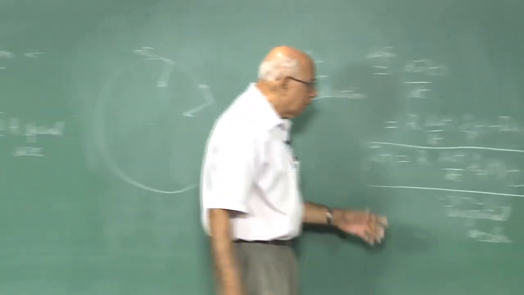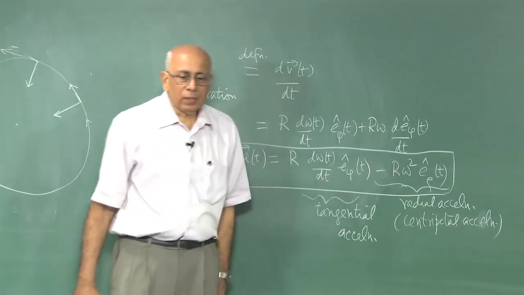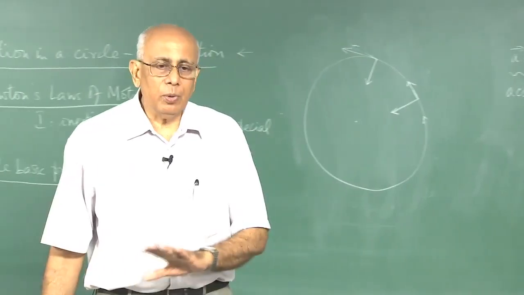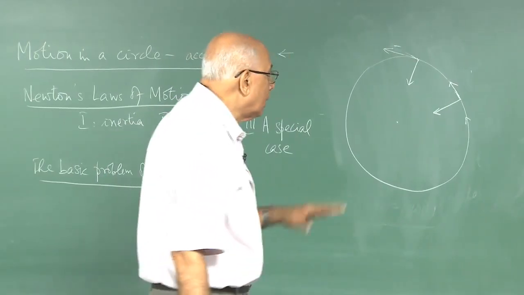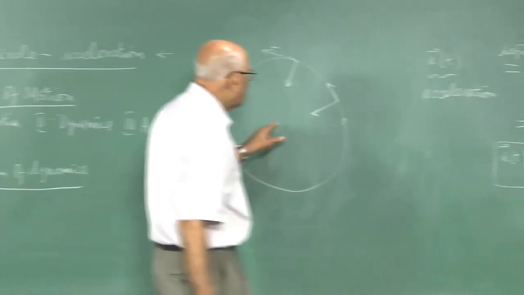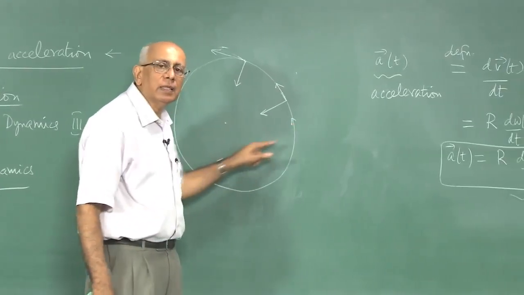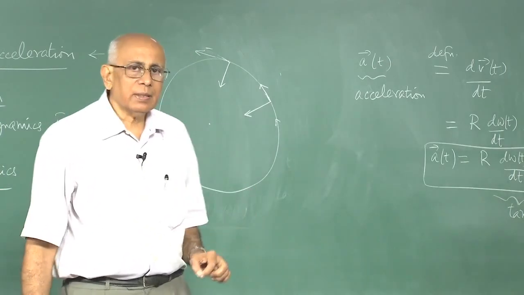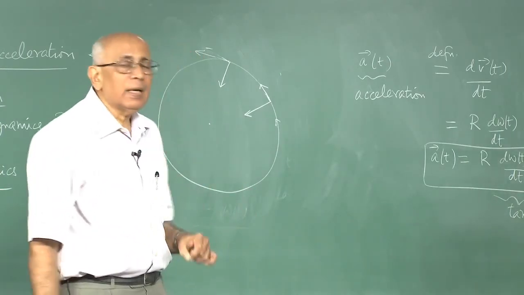Now you will also notice that these formulas are special cases of the general expression we wrote down for the acceleration in plane polar coordinates, where there were components which came from the fact that the radius itself could change, the radial distance itself could change. So there was a term which depended on rho double dot, the second derivative of rho, the radial acceleration.